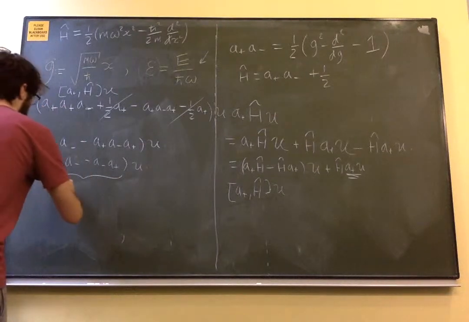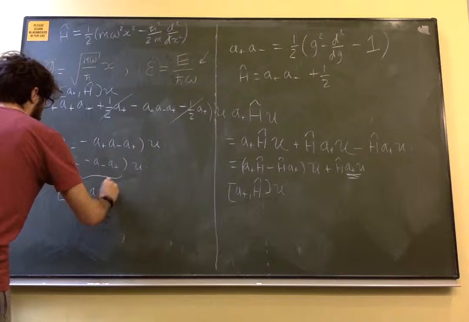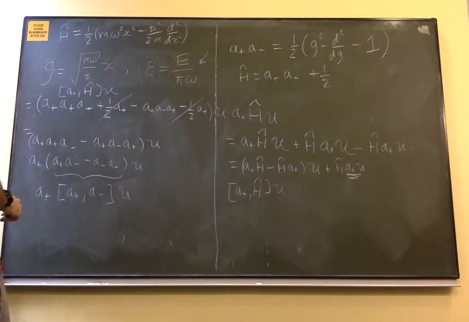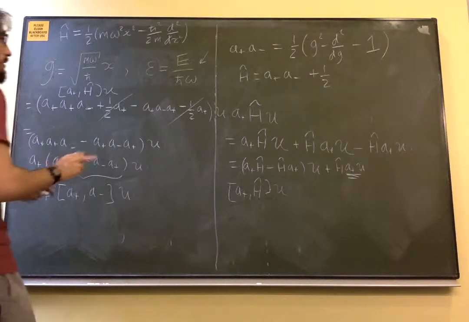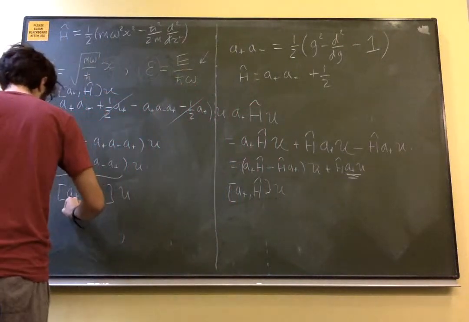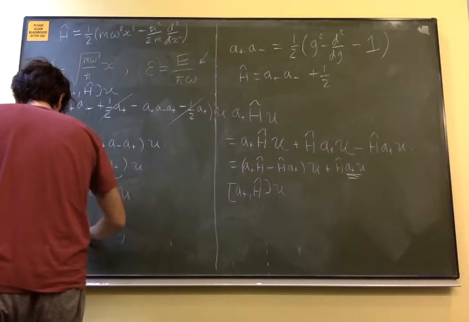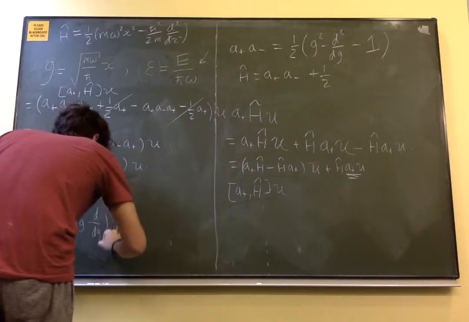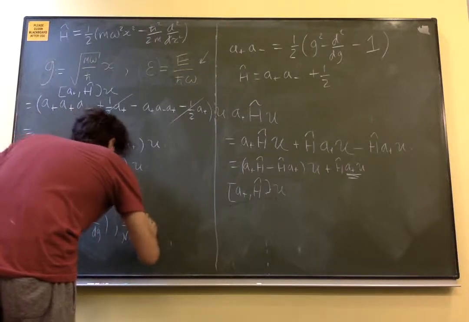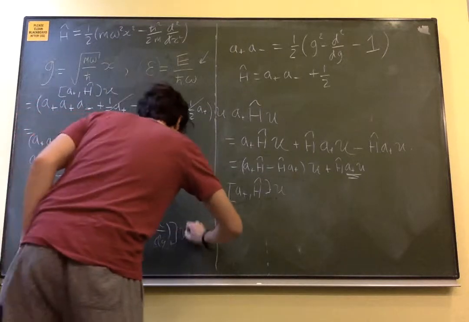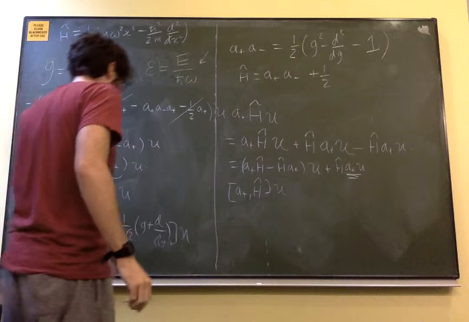This right here is the commutator of a plus with a minus. But we actually worked this out already, didn't we? We worked out the commutator of g with d by dg. So this right here is 1 over square root 2 times g minus d dg. Now we can use the algebra of the commutators to simplify this expression easily.